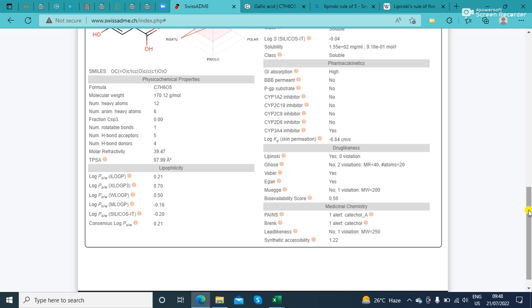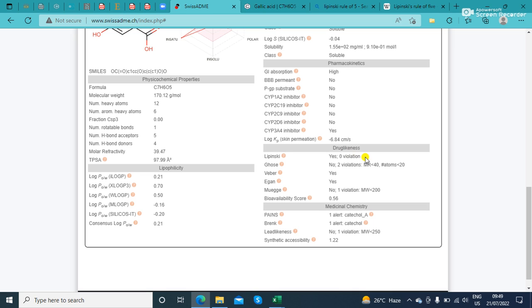Even in this database, you can find the drug likeness data immediately. You will find here drug likeness, and they are talking about Lipinski, and they say yes. Yes means the Lipinski's rule is respected, and they are saying zero violation. You see, right?